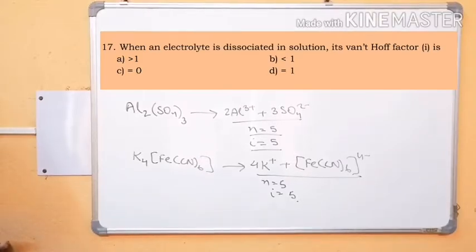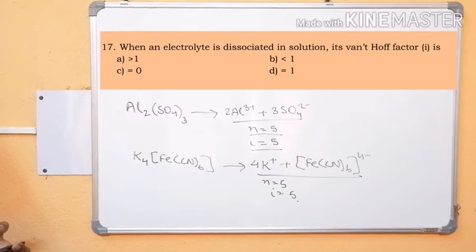So after dissociation, the number of particles increases, and since colligative property depends on the number of solute particles present in the solution, for an electrolyte where dissociation takes place, the colligative property increases and the Van 't Hoff factor becomes greater than 1. In case of association, 2 or more molecules combine together to give a single large molecule.